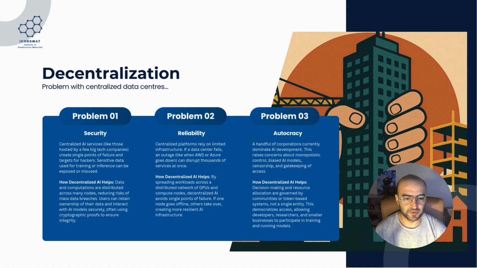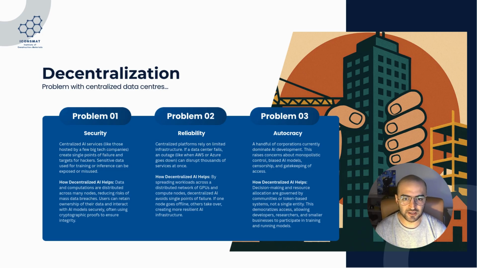You want your system to be accessible 24/7 anytime someone wants access, particularly if that information is critical. How does decentralized AI help? It spreads workload across a distributed network of GPUs and computing nodes. Decentralized AI avoids a single point of failure. If one node goes off, others take over, and it creates a more resilient AI infrastructure.